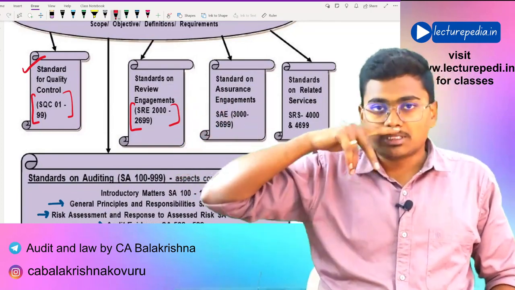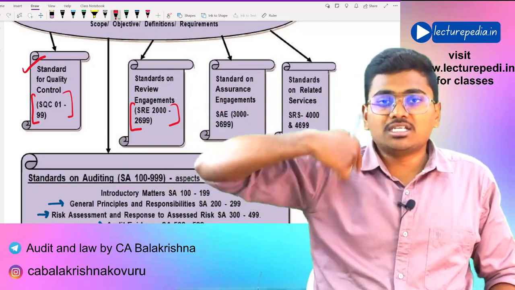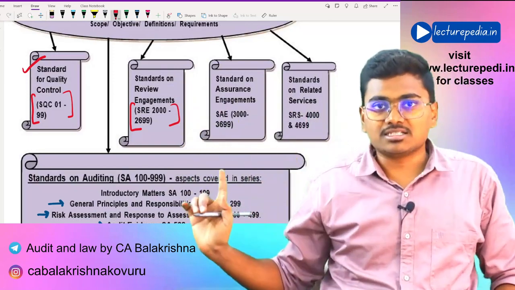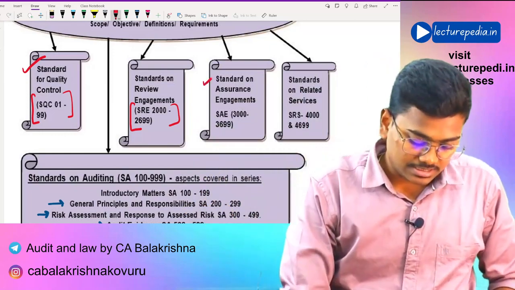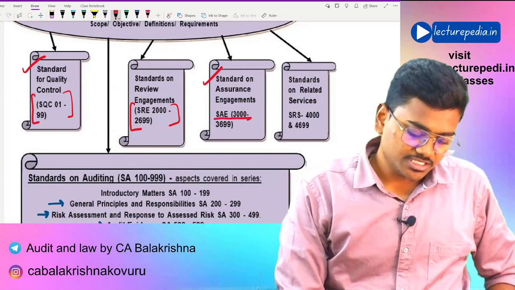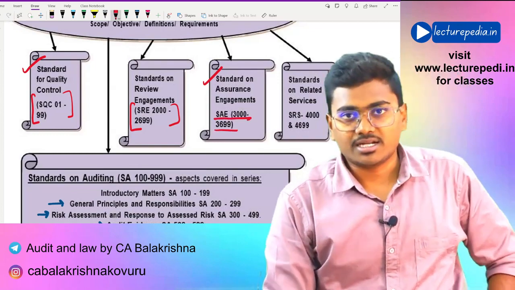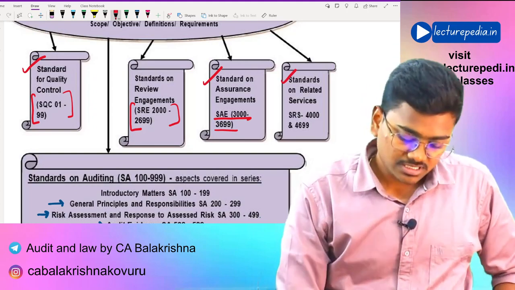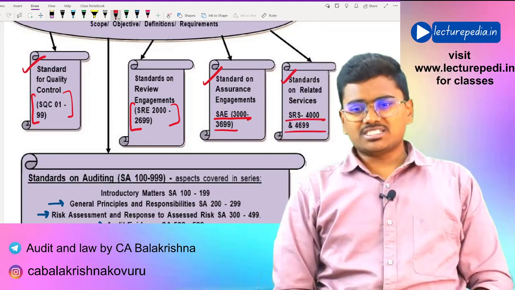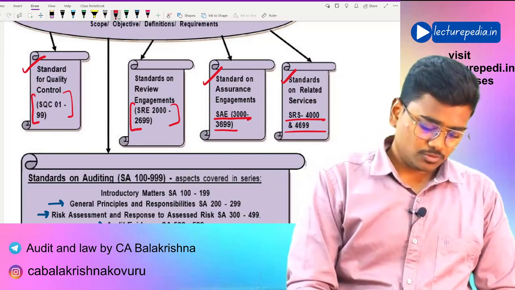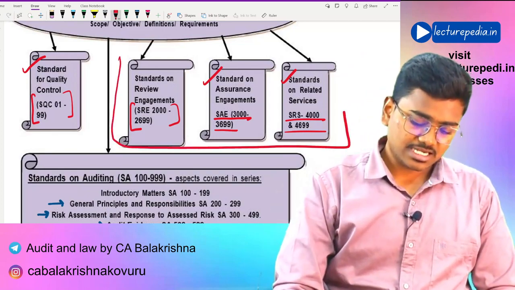Next, standards on assurance engagements, SAE 3000 to 3699. And standards on related services, SRS 4000 to 4699. You need not remember these numbers. We don't have all these standards in our syllabus.